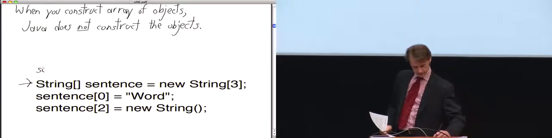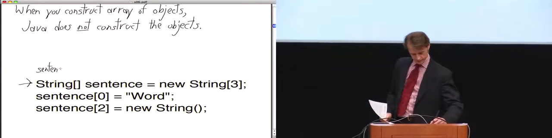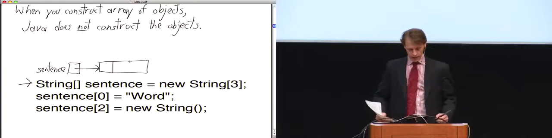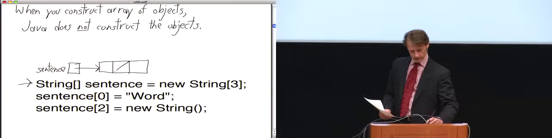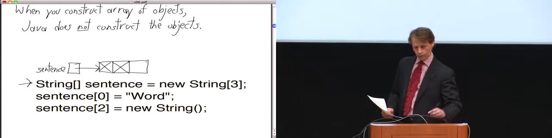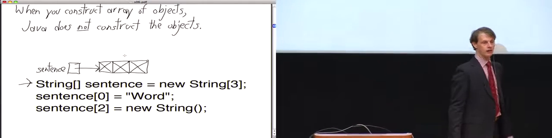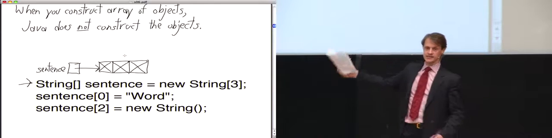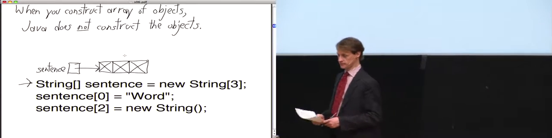It declares a variable called sentence, and it constructs an array of 3 strings. And initially, those strings are filled in with a reference called null, which does not point to anything. And I like to draw X's as my way of saying null.